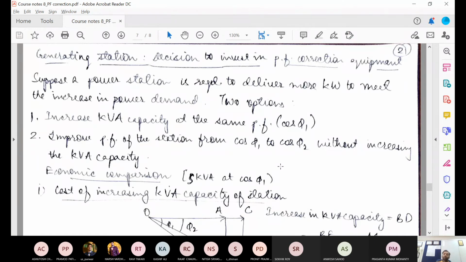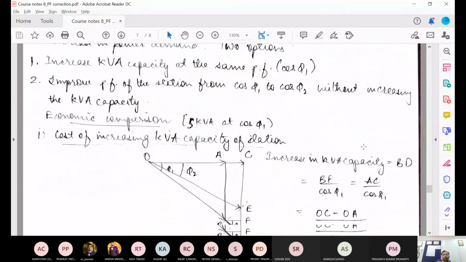If there is a major increase in the load demand, then this second option won't work, and the kVA capacity will have to be increased. But for minor increments in the real power demand, this second option is viable: we improve the power factor from phi 1 to phi 2 while keeping the same kVA capacity.